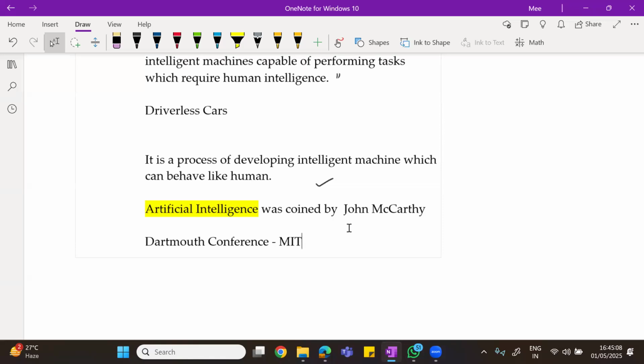Under this, there is a college called Dartmouth, and they organized a conference which is named the Dartmouth Conference. In this conference, this gentleman by the name John McCarthy came into the picture and, on the dais, he explained about artificial intelligence.